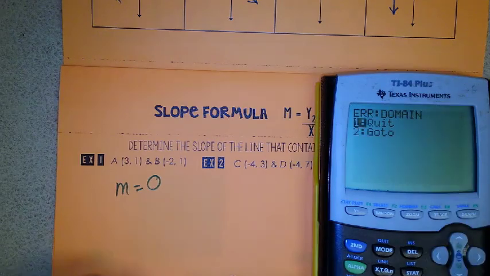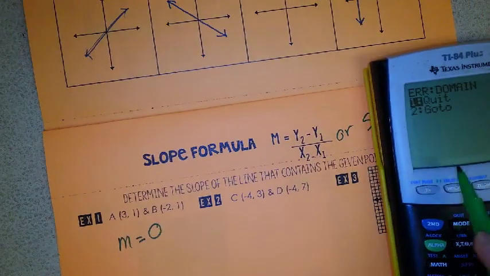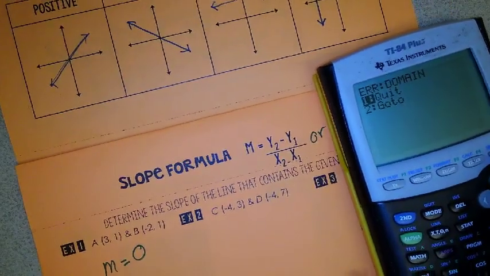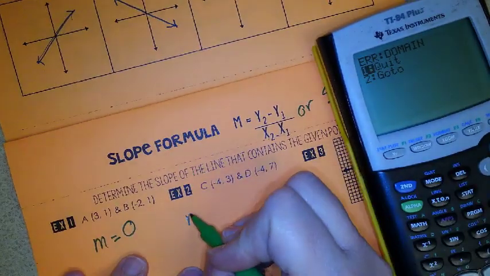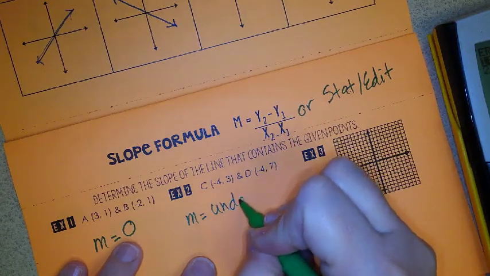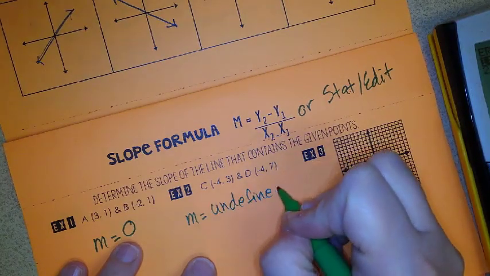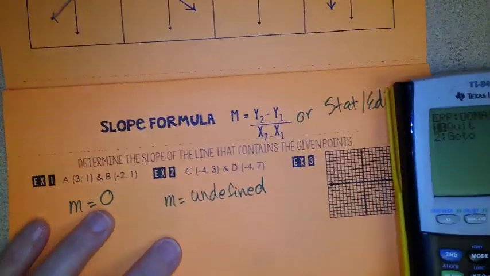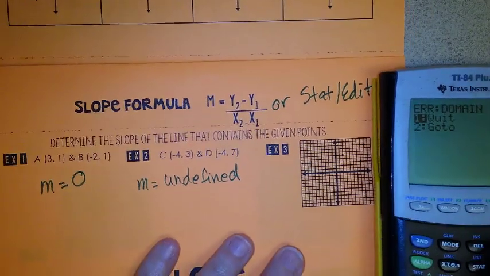It says error domain. So when you use stat edit and you get an error for the domain, that's telling you that your slope is undefined. So the calculator will give you that error. Most of the time that's a clue. Okay, this is probably undefined.